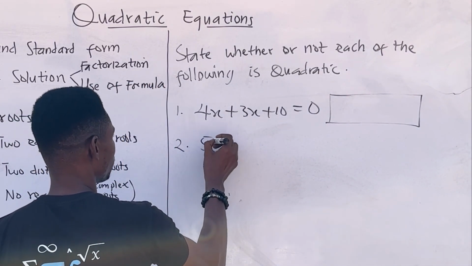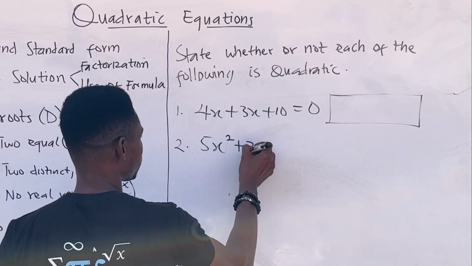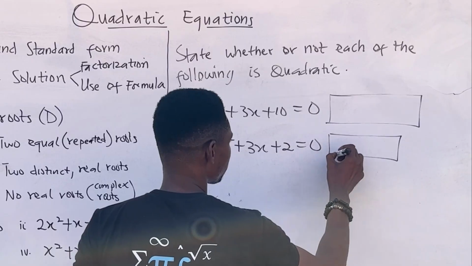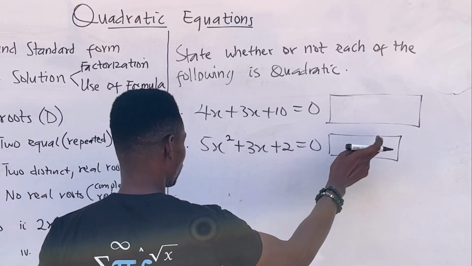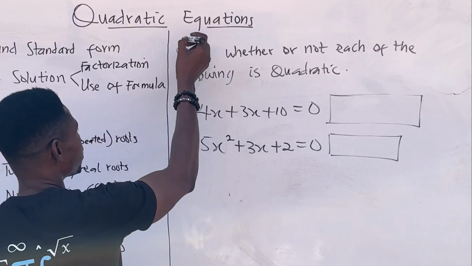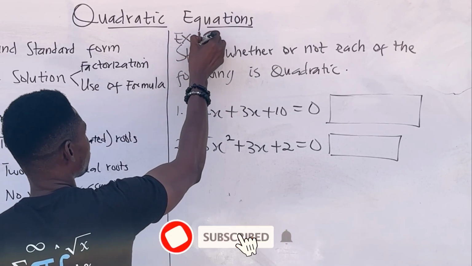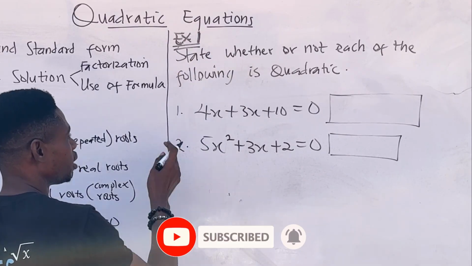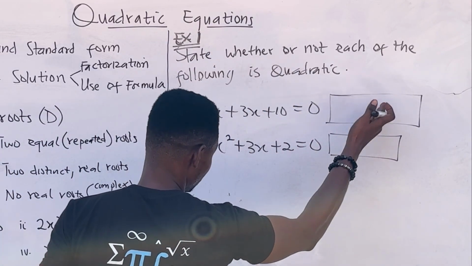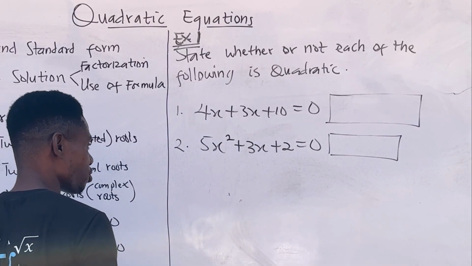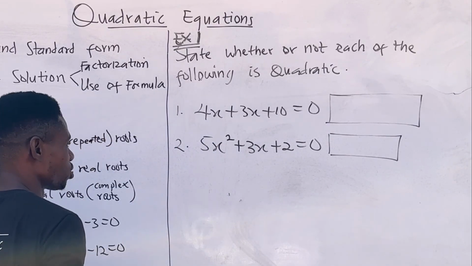Number 2, 5x squared plus 3x plus 2 equal 0. So is it quadratic or it is not quadratic? So let's call this exercise 1. So you can say for exercise 1, number 1 is quadratic, so that it's easier for us to reference what you're talking about.